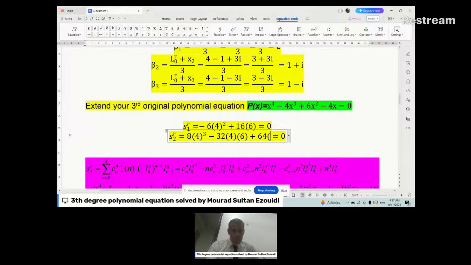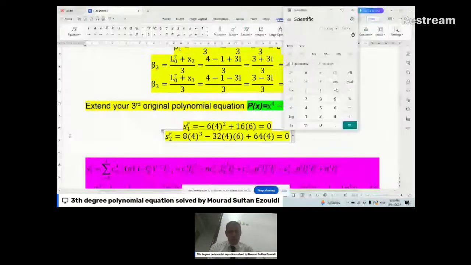L2 is 4. Here is your calculator, learners, and check the value of S2. So it will be 8 times 64, 4 cubed, minus 32 times 4 times 6, which means times 24.